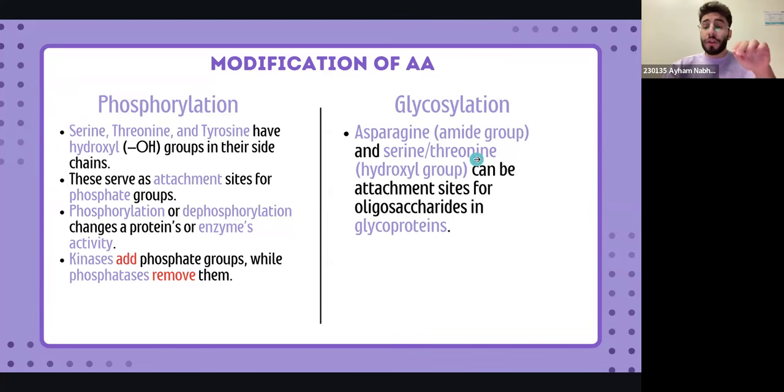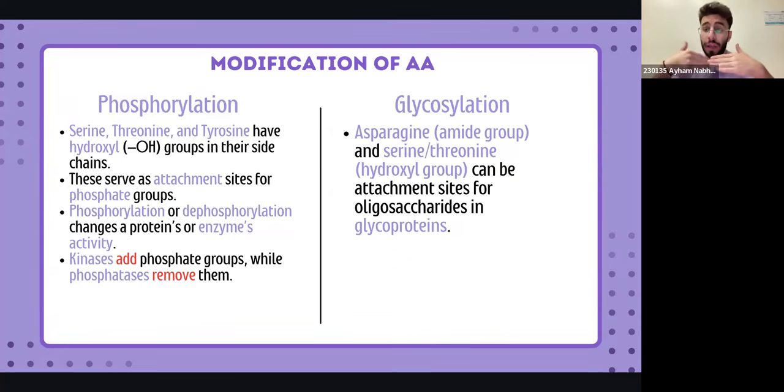What about glycosylation? Glycosylation, as the name indicates, it's glucose, fructose, sugars, right? So it's basically a reaction where there's going to be an attachment site to add a sugar group such as an oligosaccharide in the glycoproteins, to make a bigger glycoprotein, or whatever process is needed for the body.